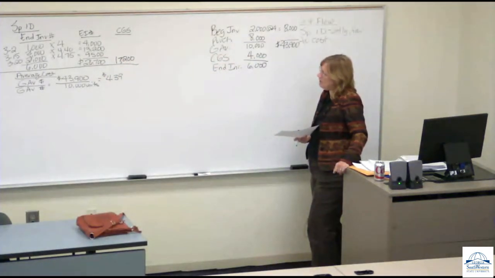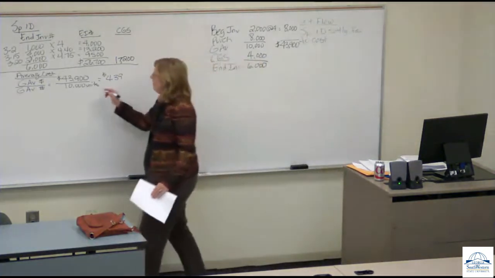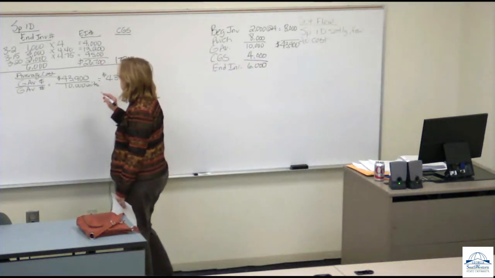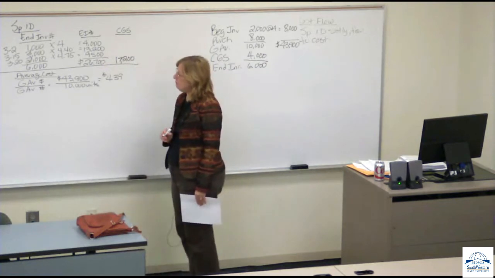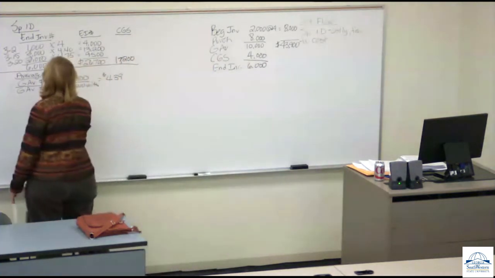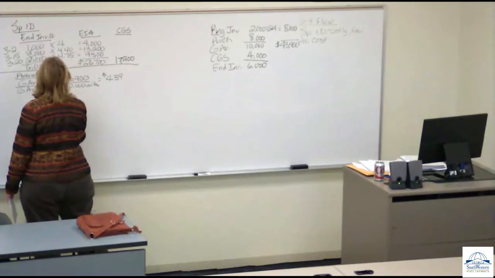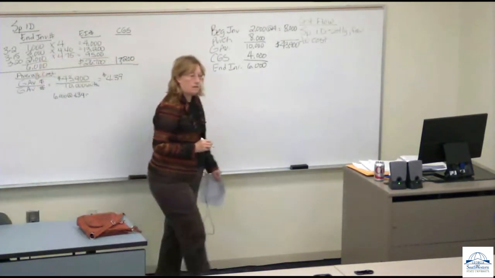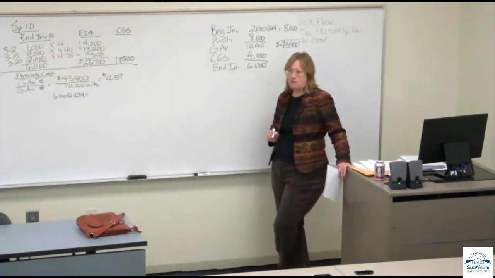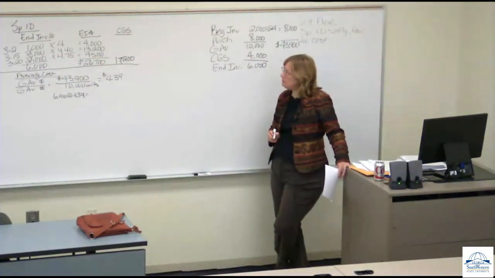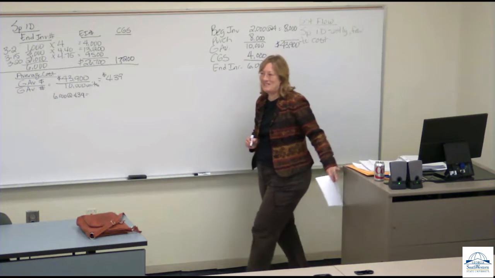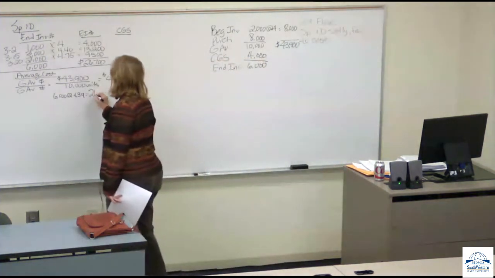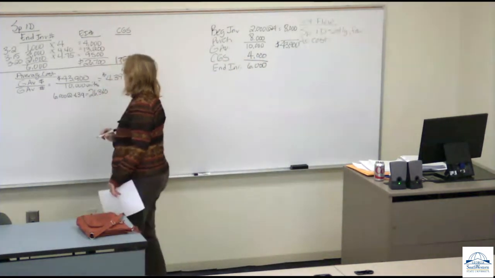So our ending inventory is how much? Ending inventory is 6,000 units at 4.39 equals 26,340. All right.